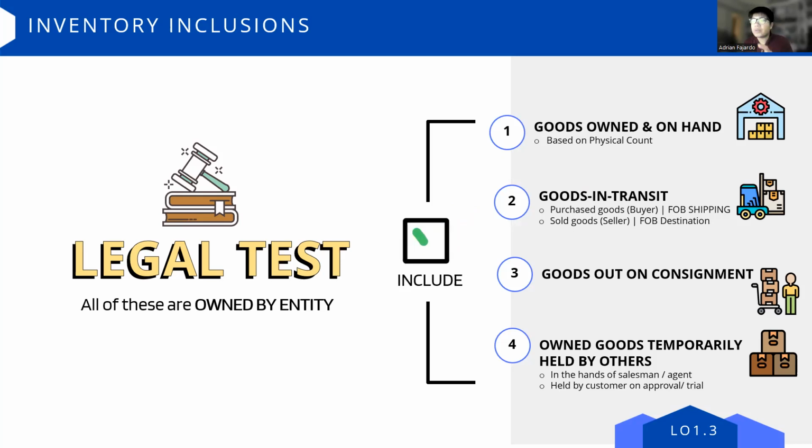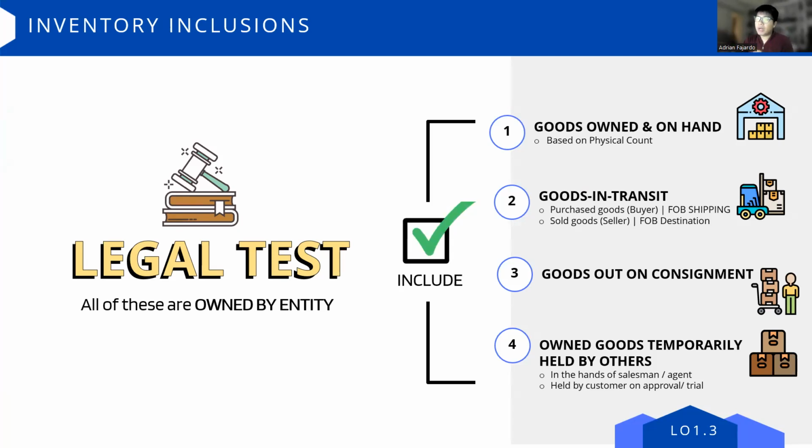There are 2 scenarios. So when we say in transit, nasa truck, na either papunta sa'yo, freight in, or palabas sa company, freight out. Pero yung caveat dito would be that kailangan ikaw yung nagbayad ng freight. So meaning, pag papunta sa'yo, it should be shipping point, may-ari ka na nung goods na yun. Pag palabas sa'yo, it should be destination point.